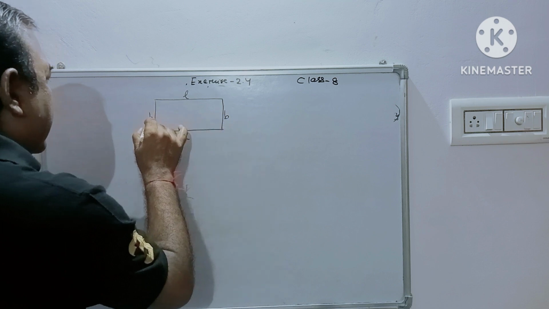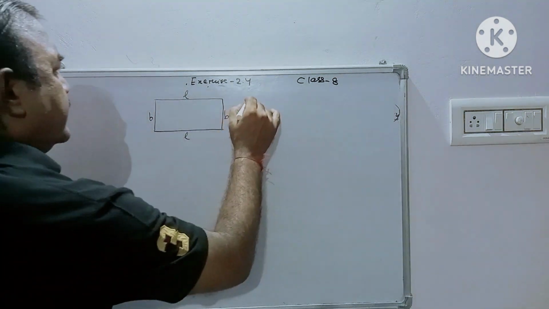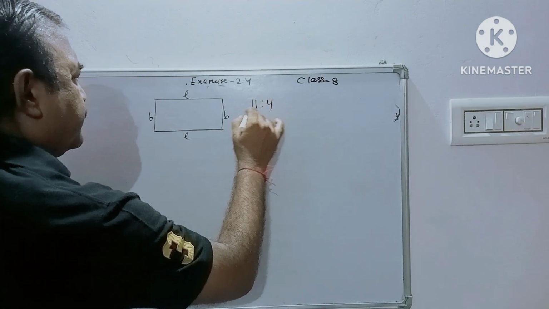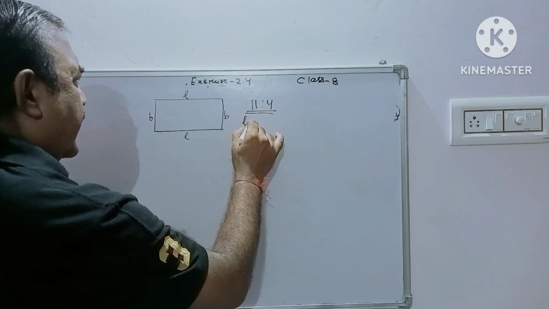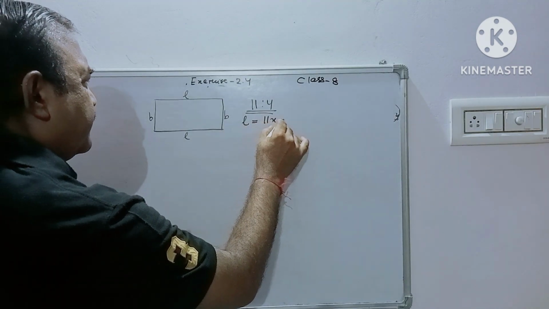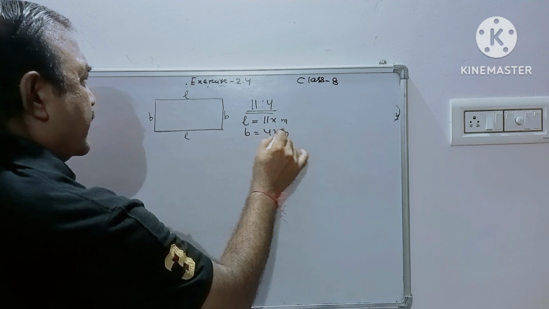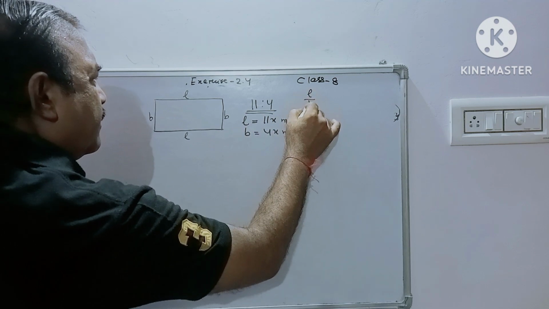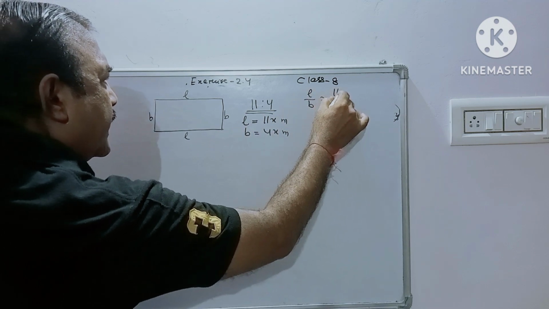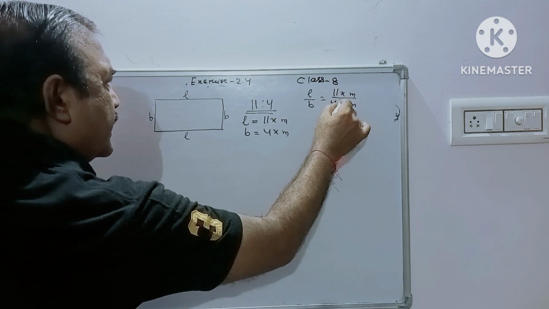And the ratio of length to the breadth is 11:4. So if the length be 11x meter, the breadth will be 4x meter. You see, length upon breadth is equal to 11x meter divided by 4x meter. Meter cancels.